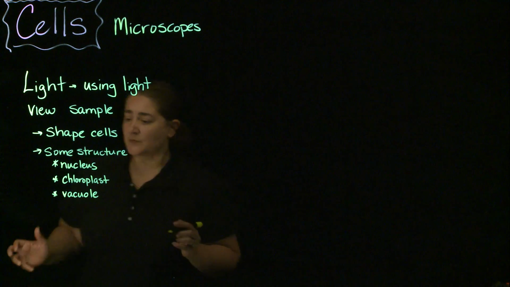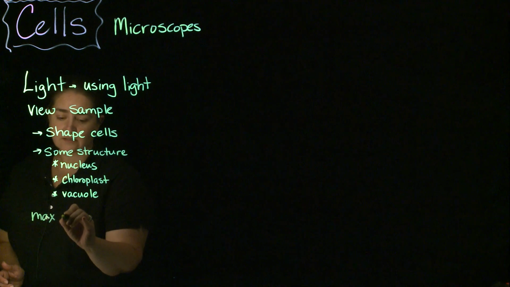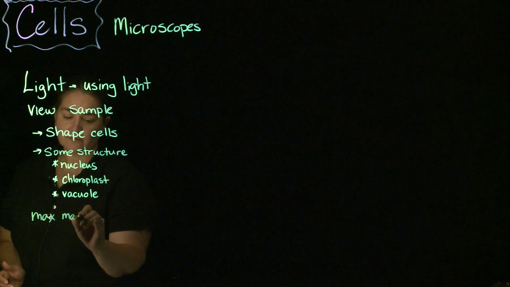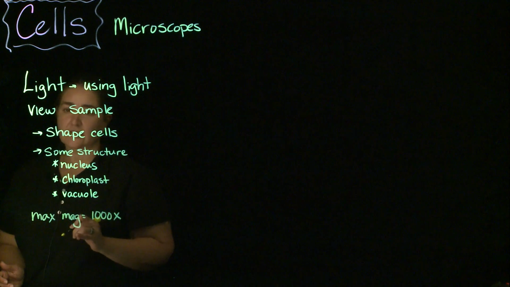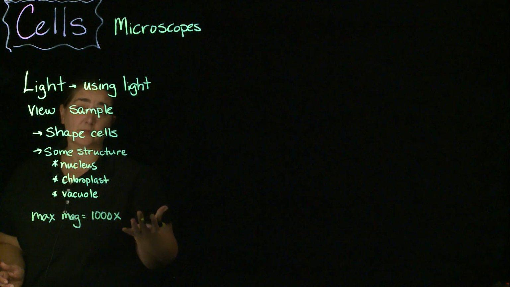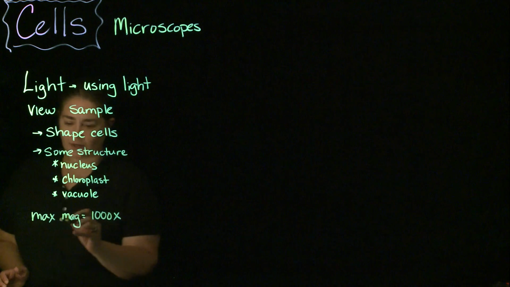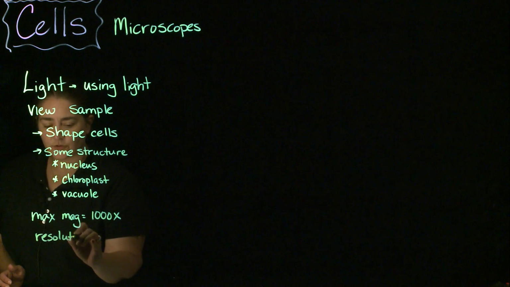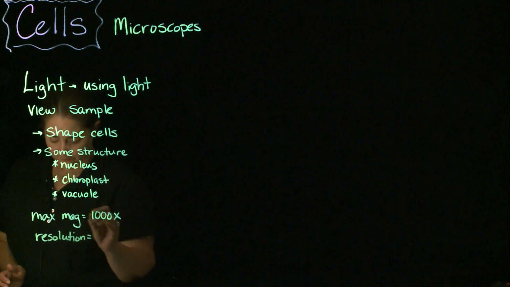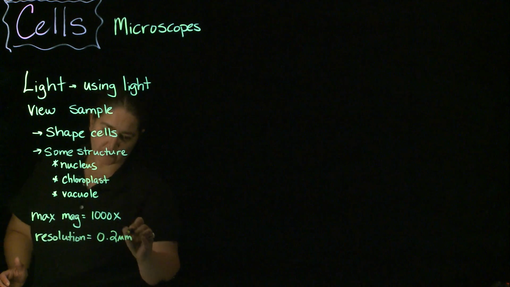Light microscopes, typically the max magnification is usually 1000x. So if you're looking at a sample 1,000 times bigger than it is in real life. All right? And typically the resolution is going to be 0.2 micrometers.